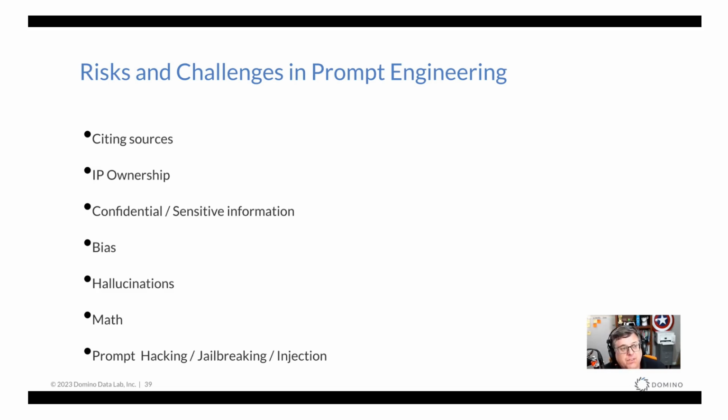But the things that we saw, the zero shot, few shot, chain of thought, those sorts of strategies help the model have some time to work through answering those questions correctly. And then, of course, there are things around jailbreaking and prompt hacking and injection where people are inserting things into prompts and getting back sensitive information through the models. There are all sorts of things around that. So we want to make sure that we're being secure, and Domino helps us with all those different things.